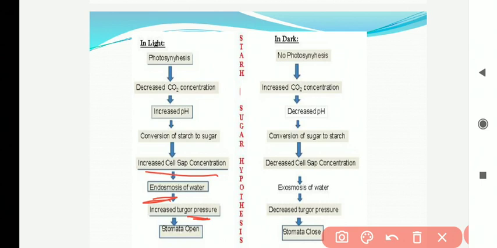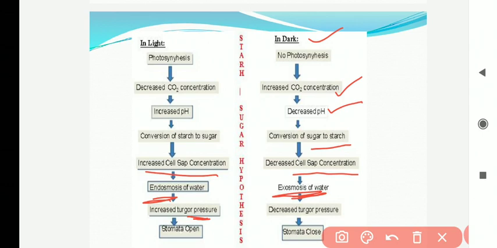While in case of dark condition, no photosynthesis, there is an increase of CO2 concentration, decrease in pH. So decrease in pH leads to conversion of sugar to starch, and this starch does not absorb water, or it is water insoluble, so the cell sap concentration decreases, and as the cell sap concentration decreases, there is exosmosis, meaning water is diffused from guard cells to other epidermal cells.